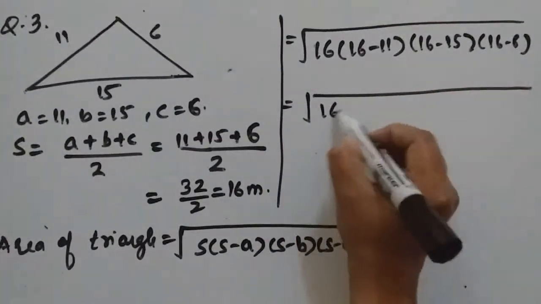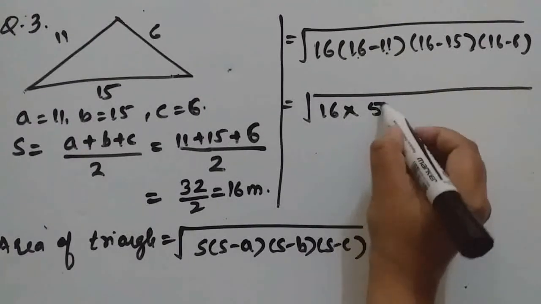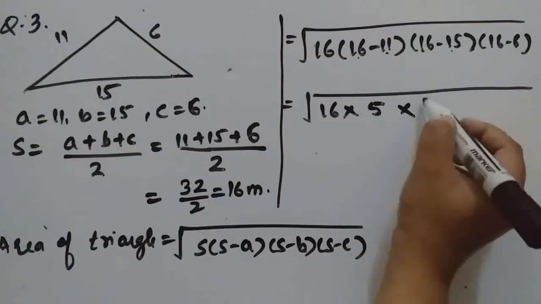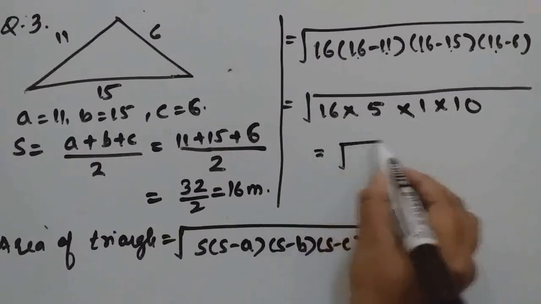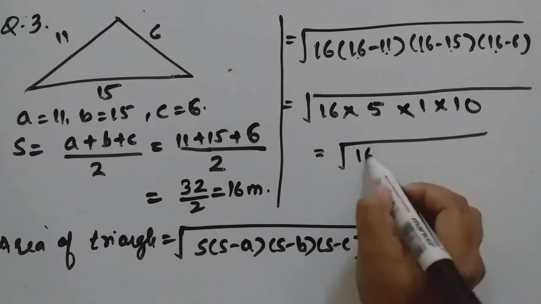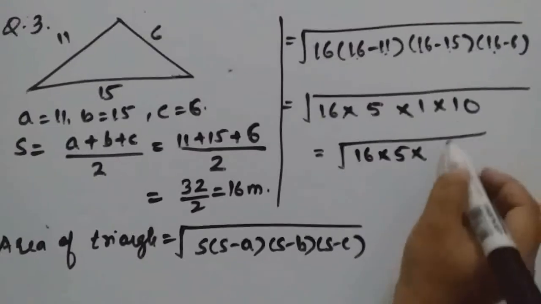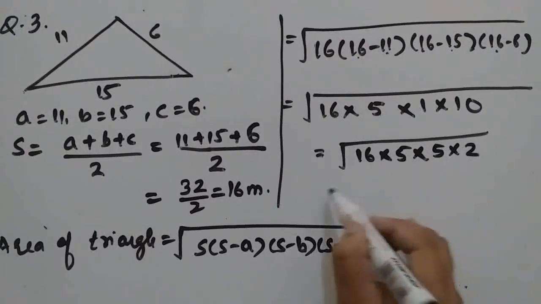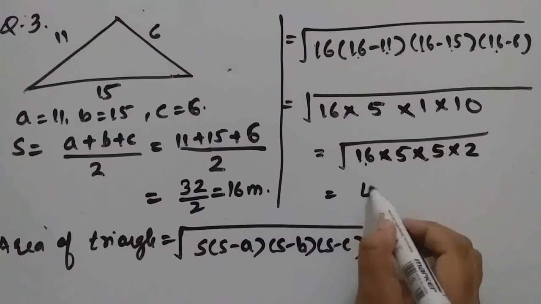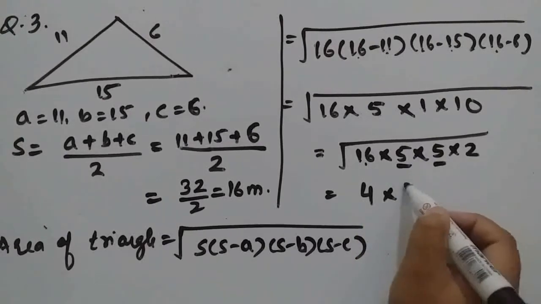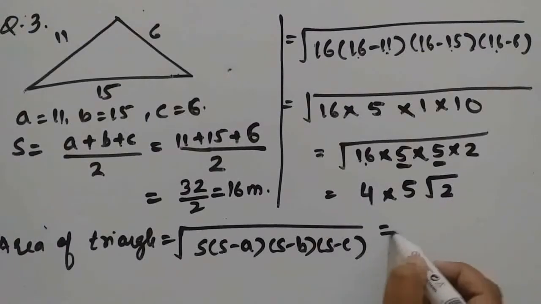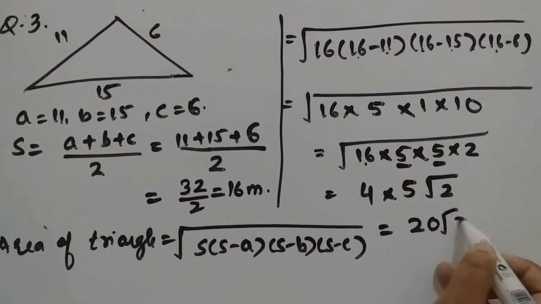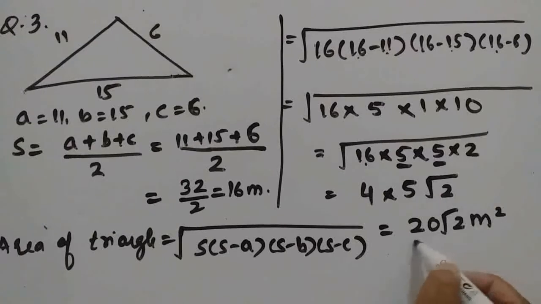So 16 minus 11 means 5 will come. 16 minus 15 means 1, and this will give 10. So 16 into 5, this 10 we can write as 5 into 2. Now 16 has a square root 4, 5 has a pair, so we can write it once. Root 2 doesn't have a pair, so we should write it as it is. So 20 root 2 meter square is the required area.